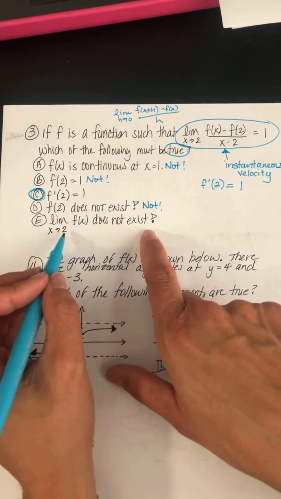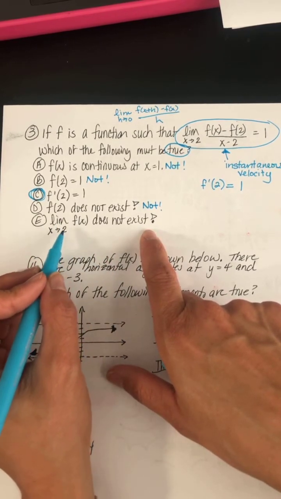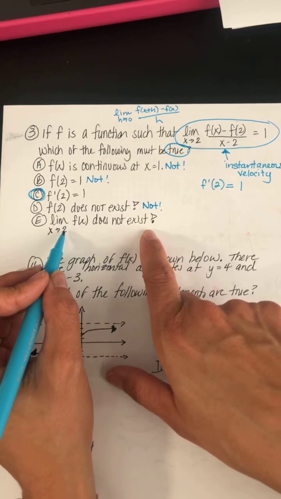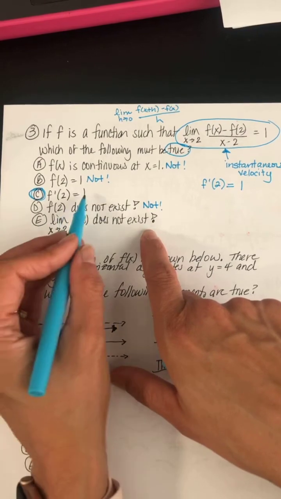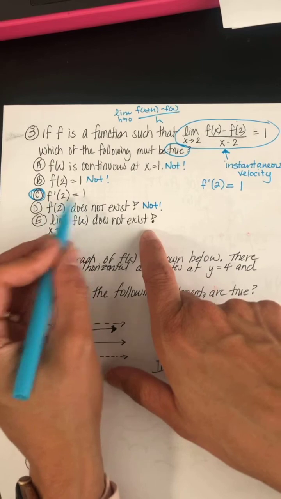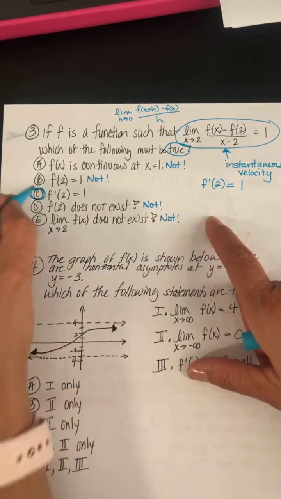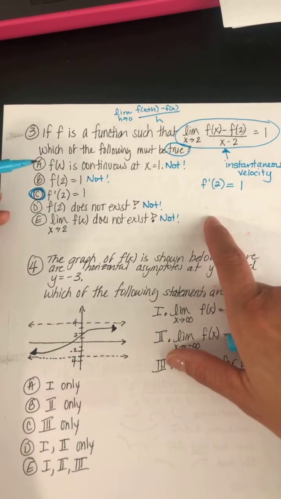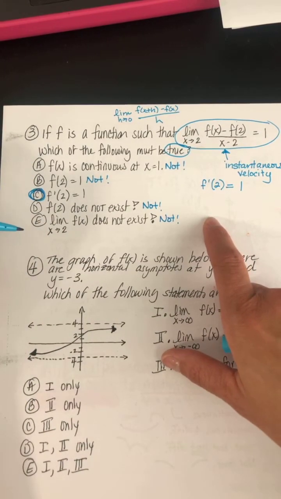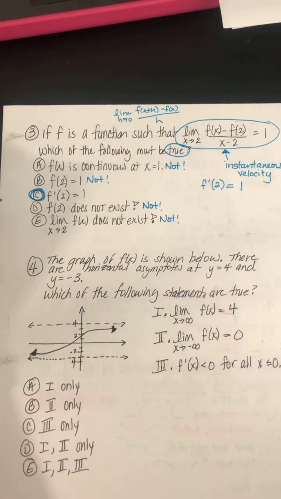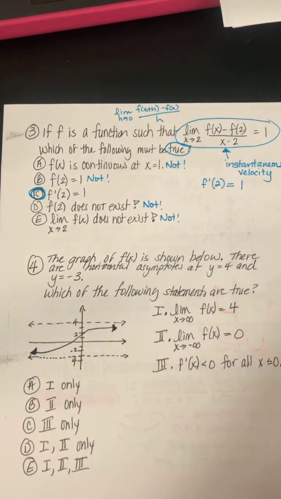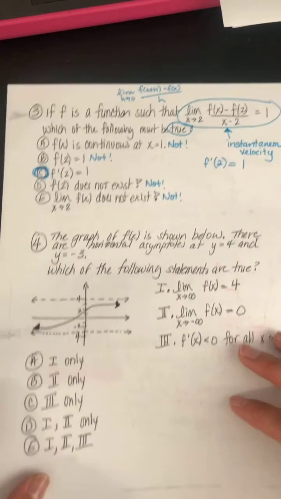Well, if the limit did not exist, that means it wouldn't be continuous at x equals 2. And if it's not continuous at x equals 2, that means it wouldn't have a derivative. But it does have a derivative. So this is not true either. So the only one that was true was C. And you always need to check all of the options because you don't want to get tricked. Don't get tricked, guys. You're smarter than that.